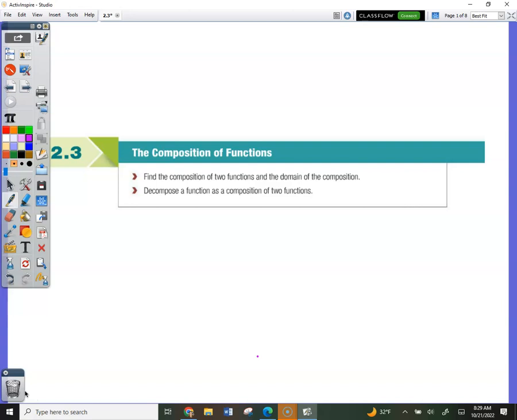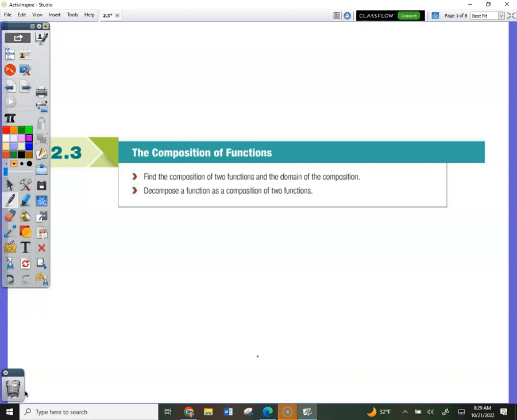Composition of functions. We're learning two things here. We're learning how to take two functions and compose them within each other, and then we're learning how to go the reverse direction with it, decompose. You're used to, I give you a function, and then I ask you to plug a number in, right? That's what you're used to doing.